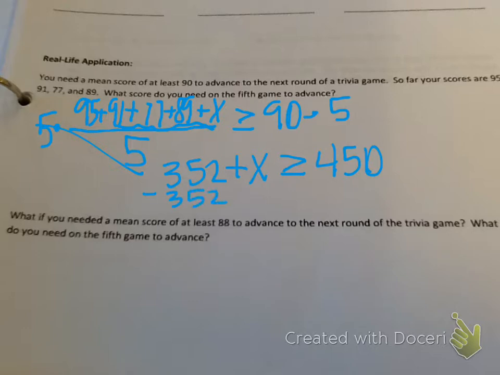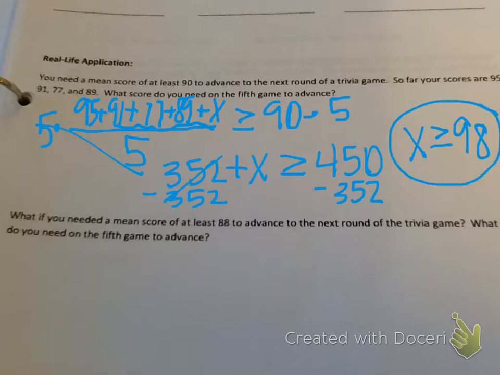Subtract 352. X has to be greater than or equal to 98 to advance. So they're going to have to get a really, really stellar score. They haven't had a score that good, so they might not advance.